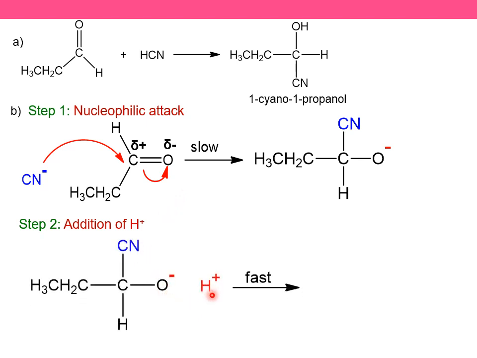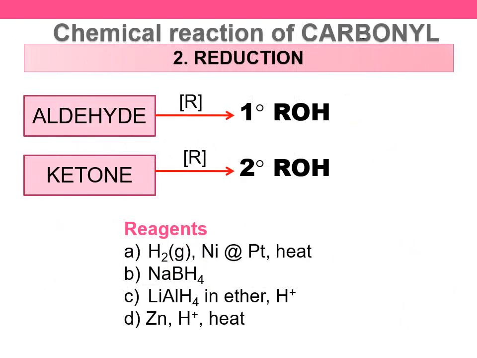Proton H+ is attacked by the negatively charged oxygen fast, and it's going to produce 1-cyano-1-propanol. Voila. Please do practice 9.3 on your own so that you can test yourself whether you understand nucleophilic addition or not.